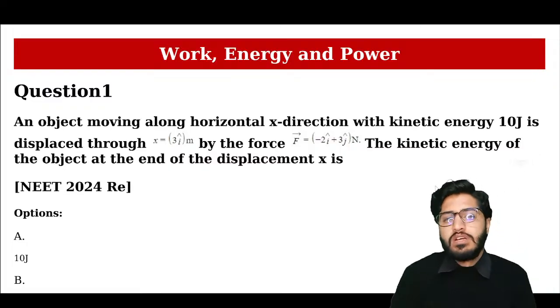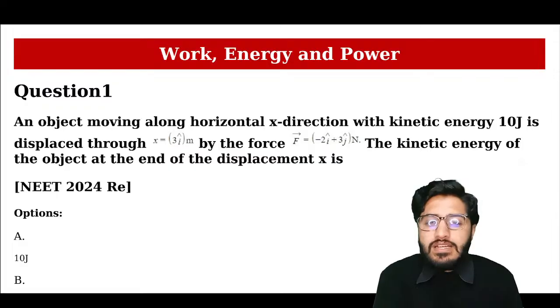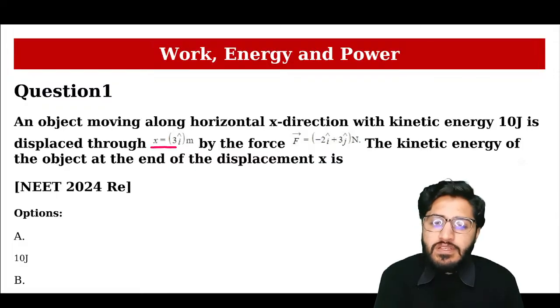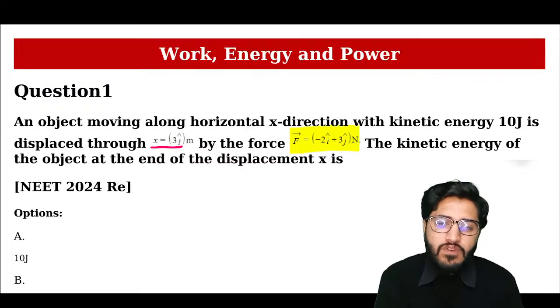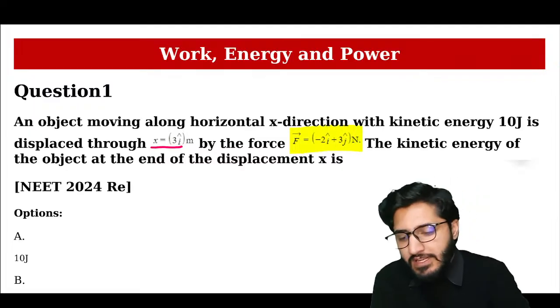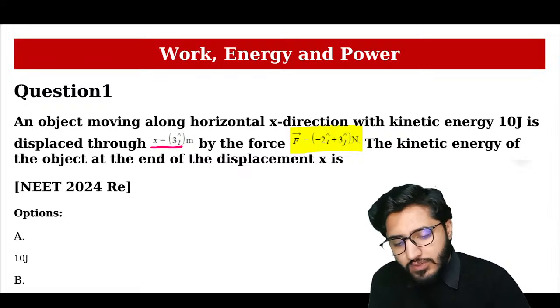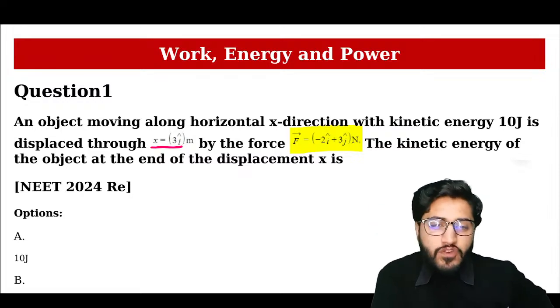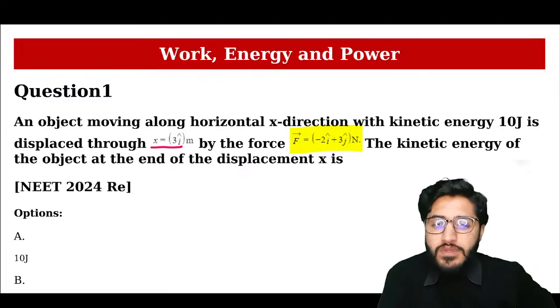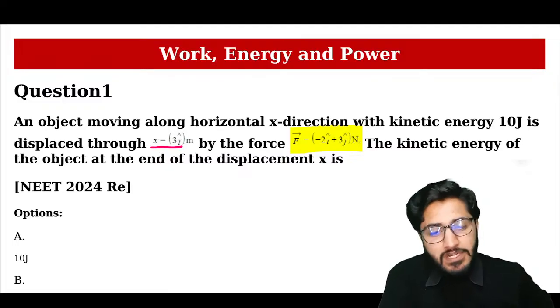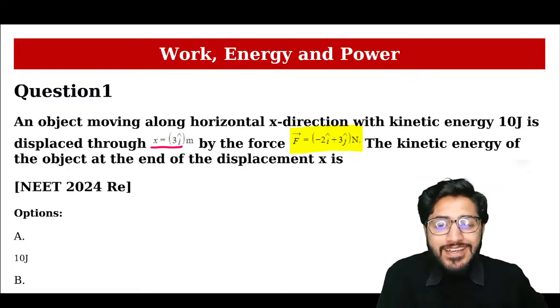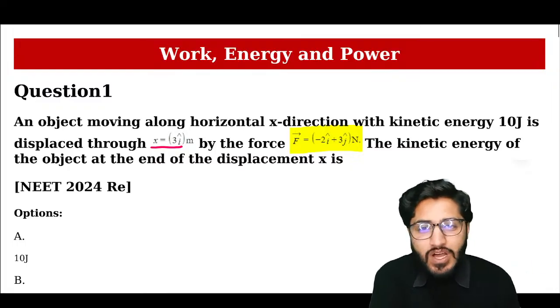As you can see, force and displacement, these two parameters are given to me, and I have to find out the kinetic energy of the object at the end of displacement. So how can we do it?